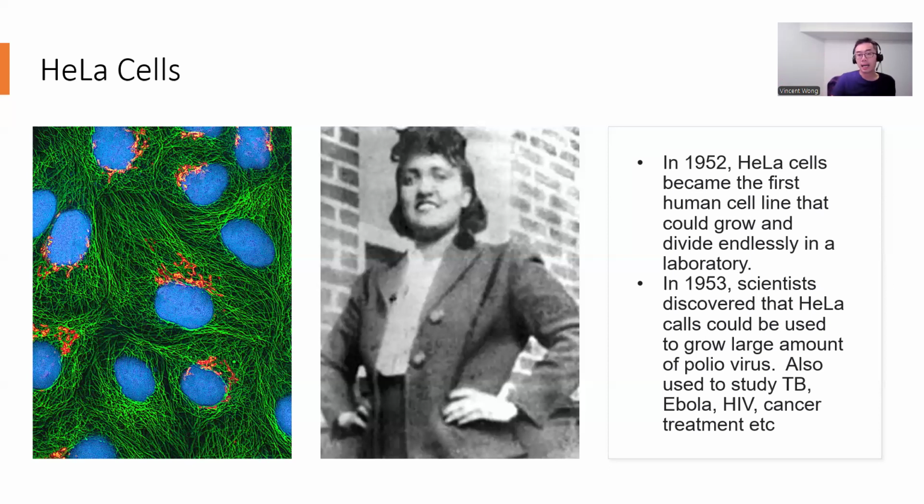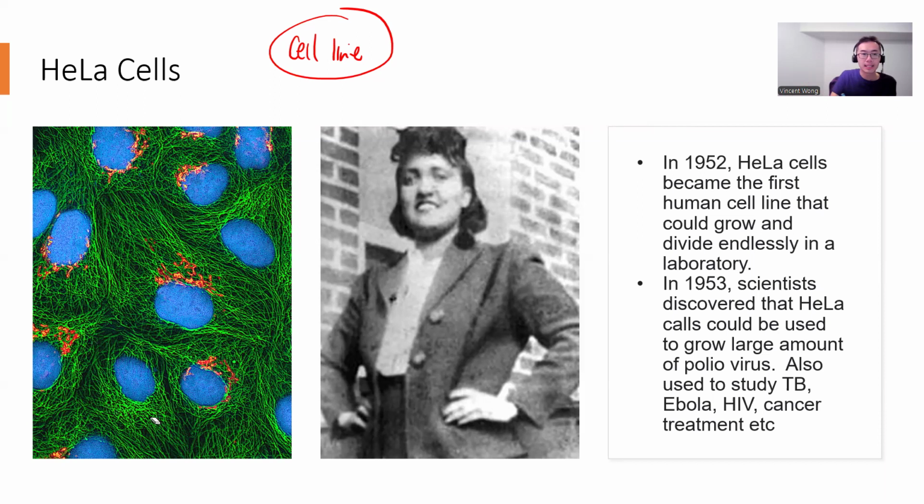And so that created what came to be a cell line. There are many different kinds of cell lines that you can buy nowadays from companies, and they are basically immortal cell lines that you can just purchase and grow in your own lab, and you can do experiments on them.